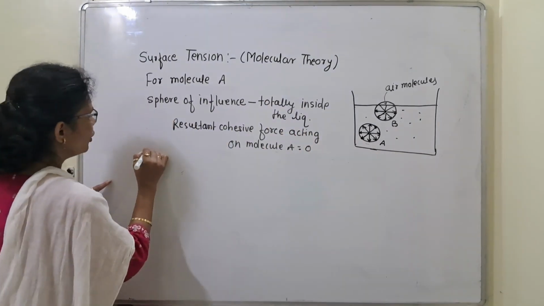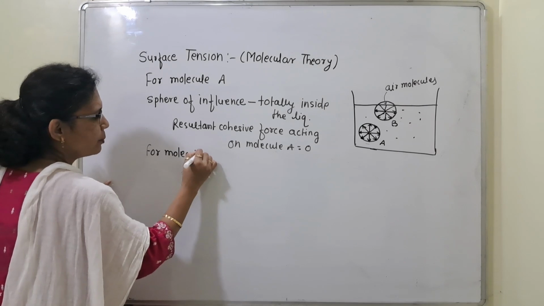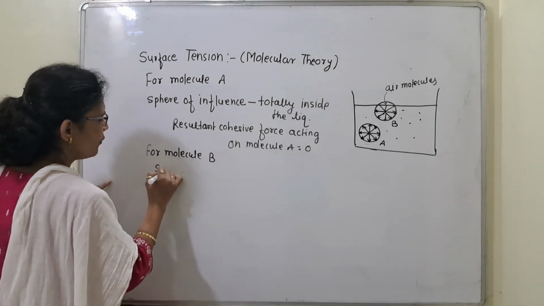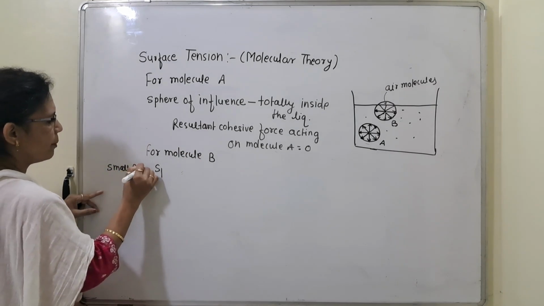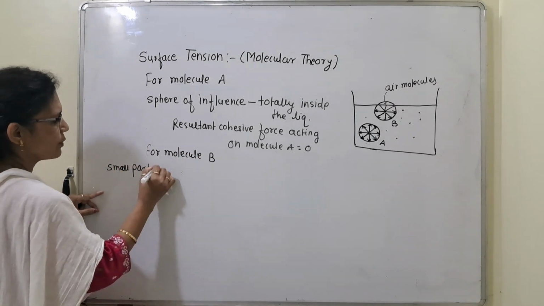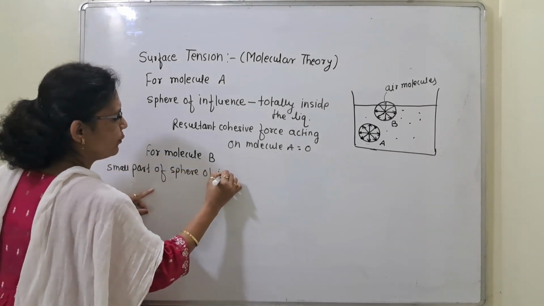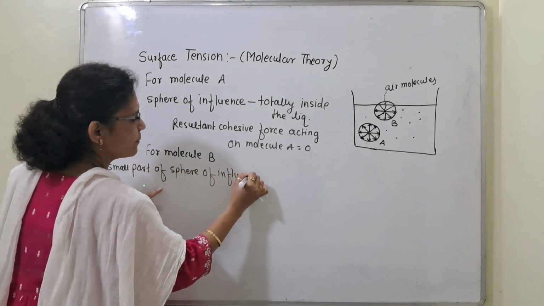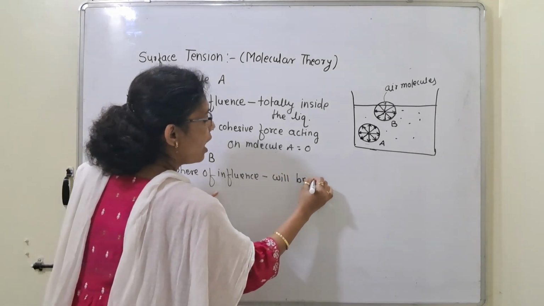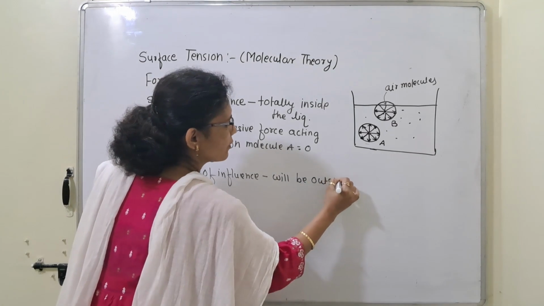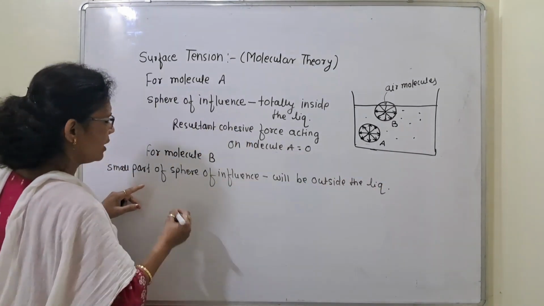Means for molecule B, small part of sphere of influence will be outside the liquid, right?